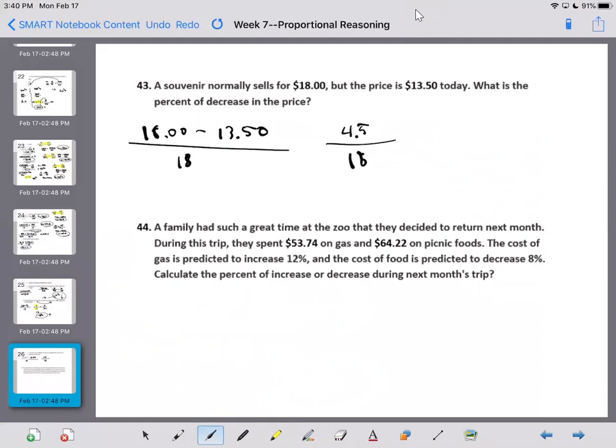And that's going to be 25 hundredths, right? But that was definitely a decrease because it went down. So it would be 25 hundredths, which is the same as a 25% decrease.